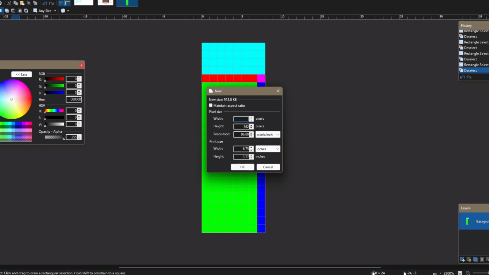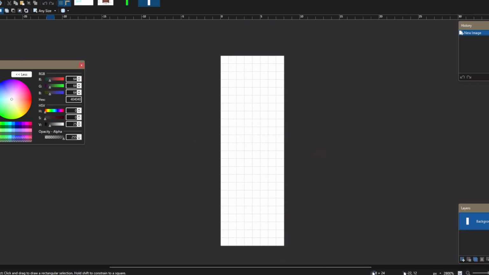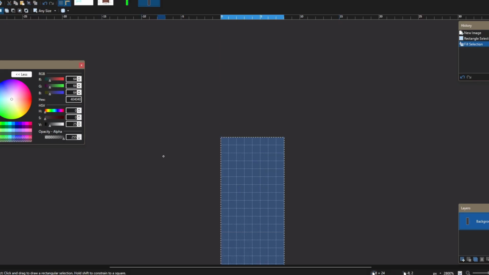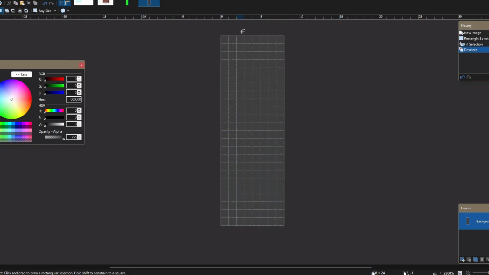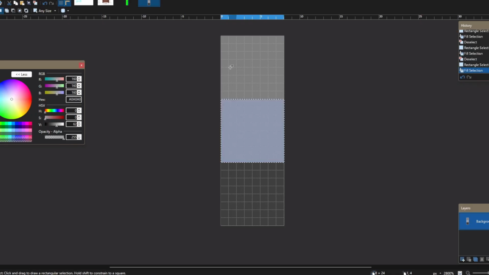So I would have width 8 by 24 and make it like a new image. And then have the windows be about like here, and then like here.